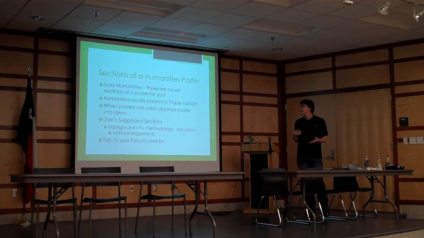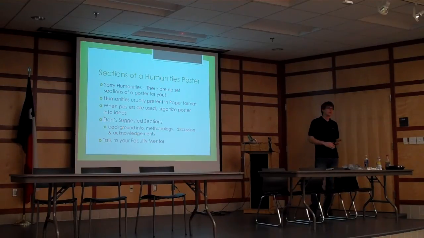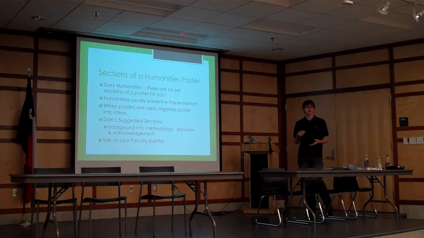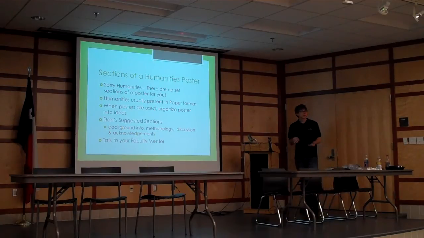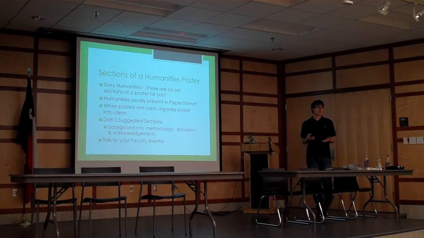So things to keep in mind is that your faculty mentor is going to be your greatest asset. So talk to your faculty mentor about what things you should include in a humanities poster or social sciences poster. Some information that I've found on it is you want to make sure you include the background information, methodology, discussion, and acknowledgements. Acknowledgements are pretty much key on almost anything you present.